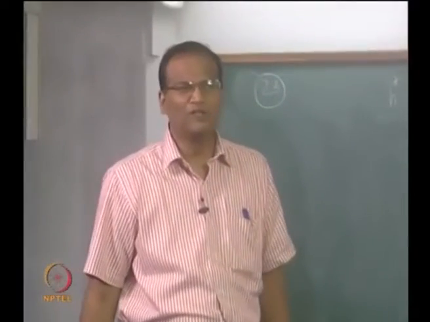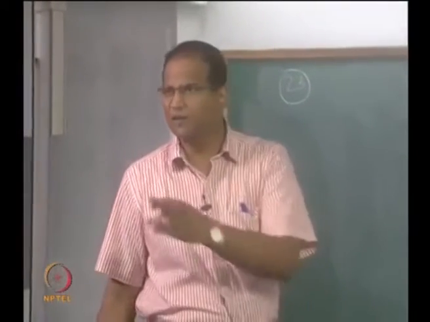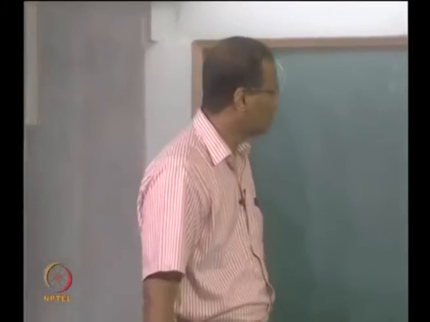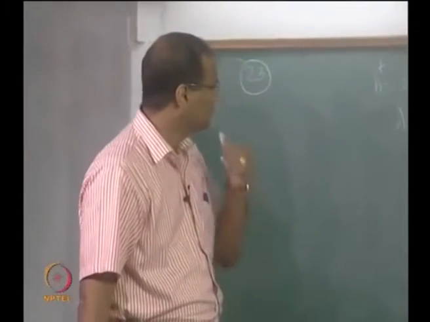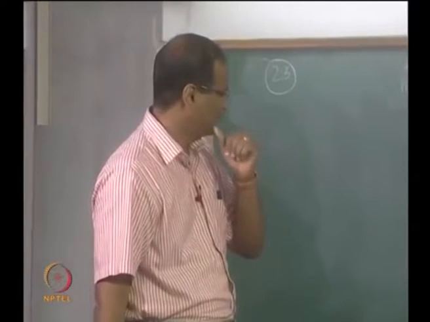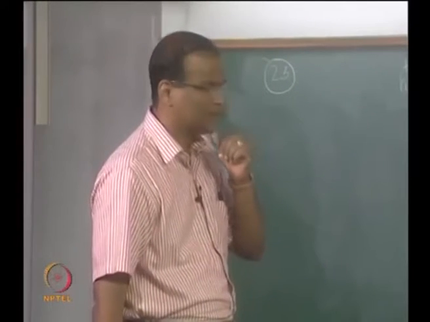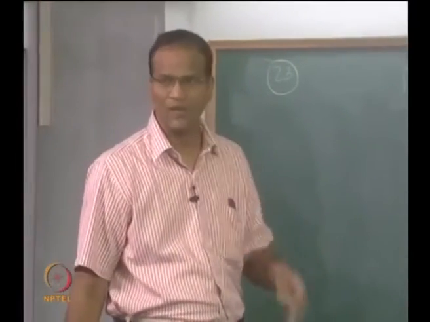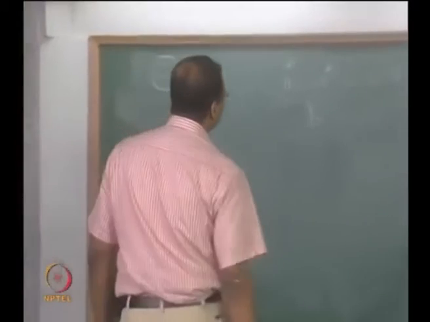Very good. What are the units of lambda? Meter inverse. Did everybody figure out this? Meter inverse. What meter square? Area by volume, man. Okay, it's area by volume. Meter inverse.